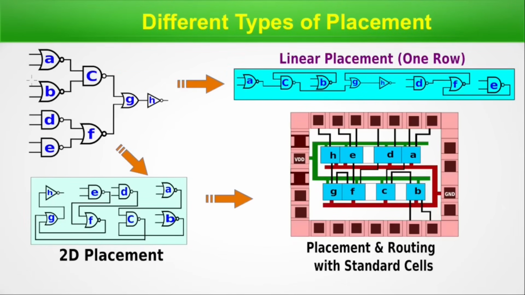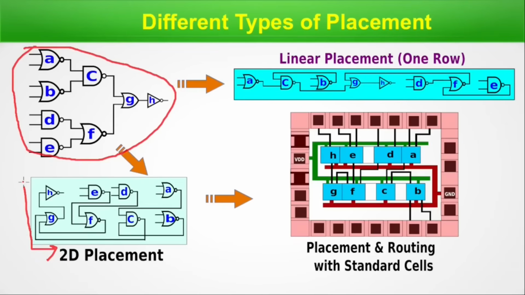This diagram is showing different types of placement. If that is the circuit, in 2D placement, this could be the scenario. If we place all these gates in linear placement, that is, in one row, that is the scenario. And with better placement and routing with standard cells, the power line, VDD line and ground line are there.